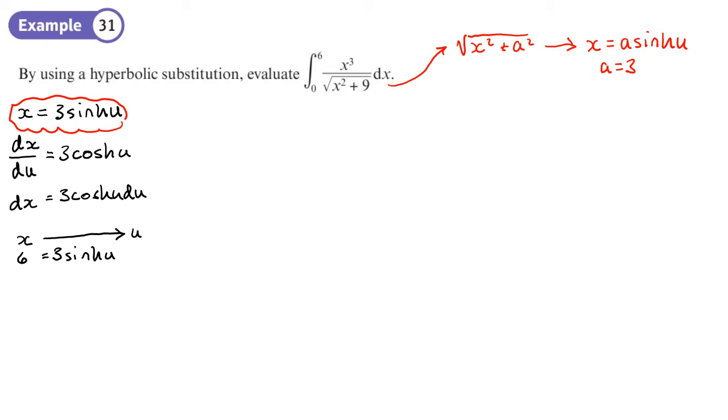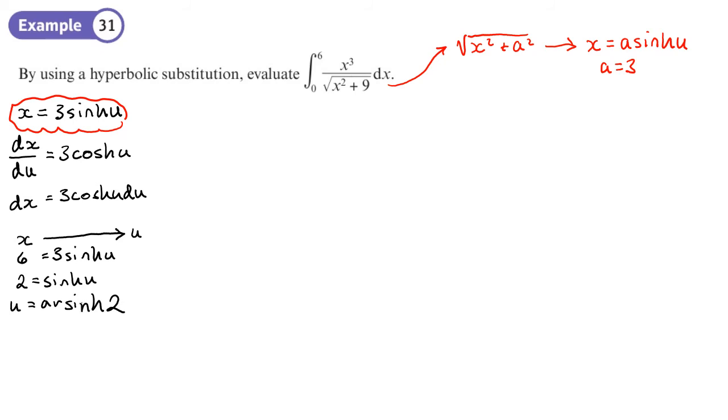Divide both sides by 3, so I get 2 equals sinh u. The next step is to do arcsinh of both sides, so u equals arcsinh 2.